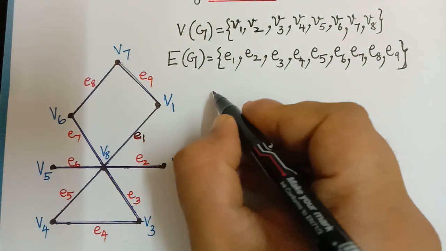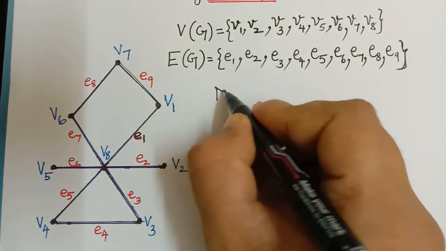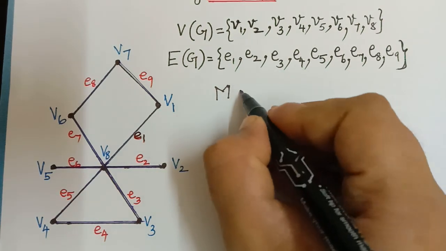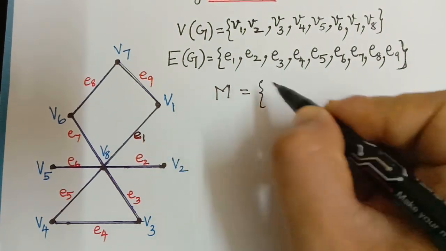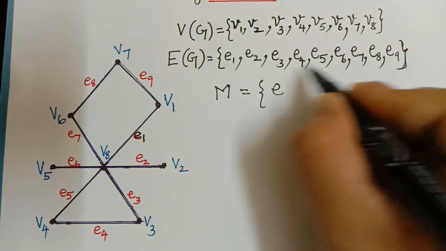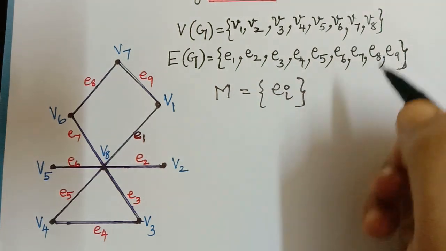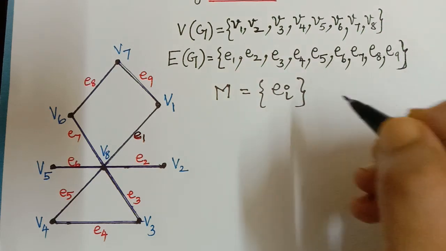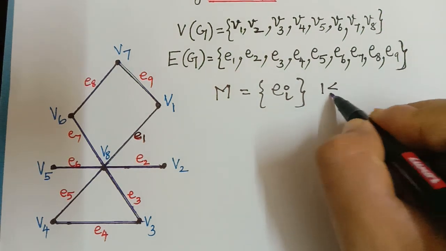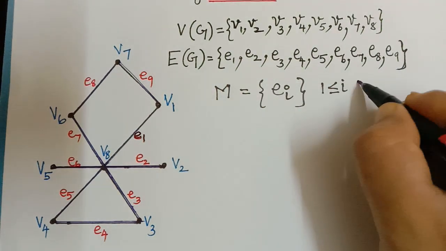We may first start with a singleton set. For example, if we consider M to be any one edge of these edges, in general I will write it as Ei, where i can take values from 1 to 9.